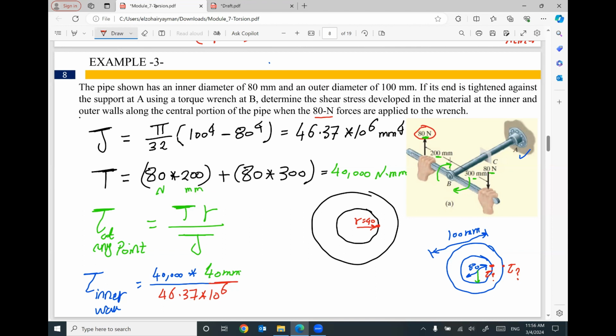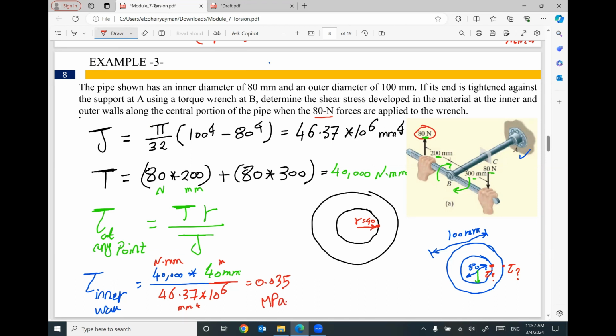I think your units are good. This one Newton millimeter, this one millimeter, this one millimeter to power 4. We are good. Your stress will be 0.035 megapascal.